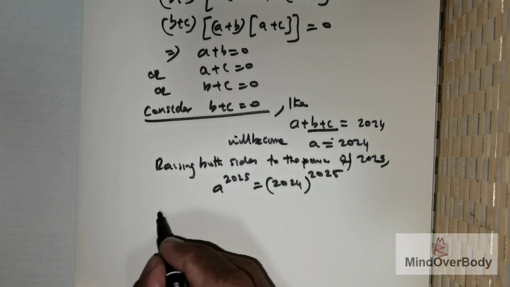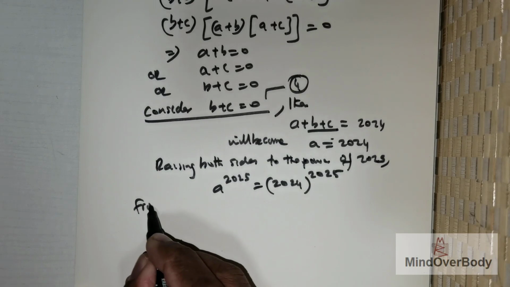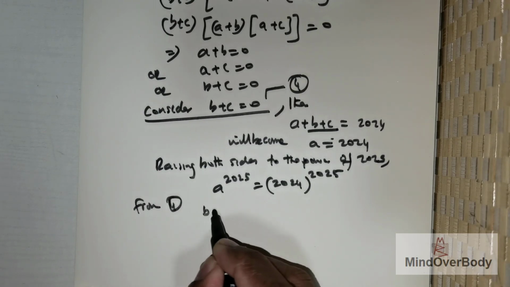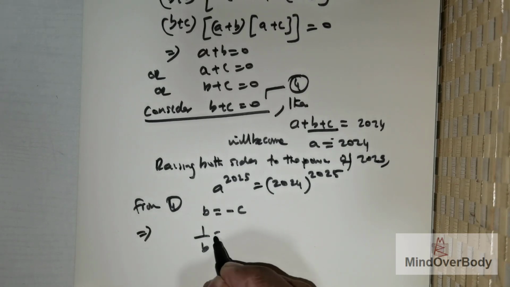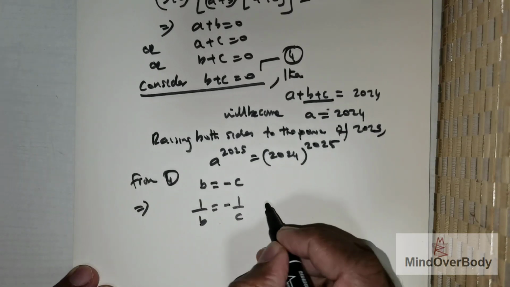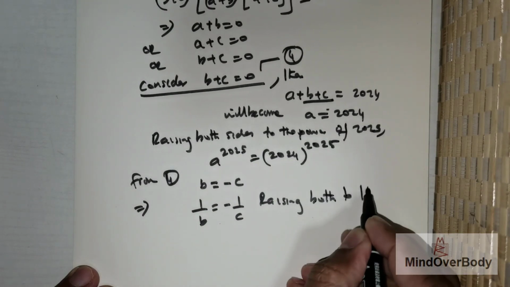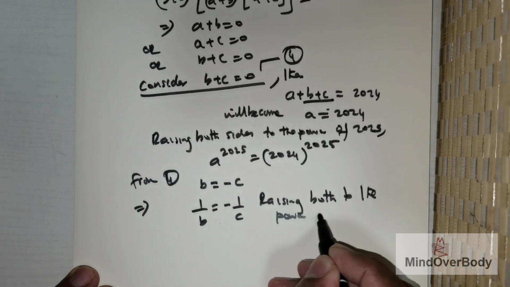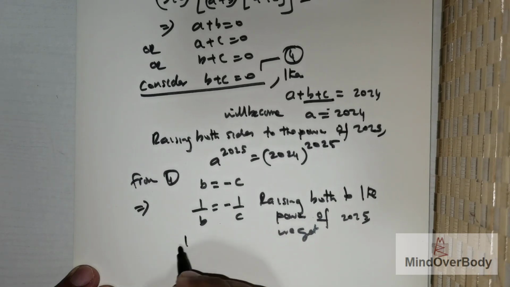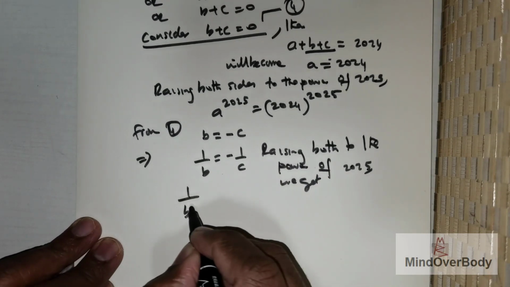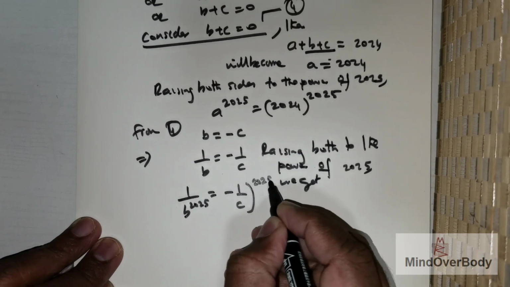Now also, say if I were to take this as 4, from 4, B = -C. So this means 1/B = -1/C. Now raising both to the power of 2025, we get (1/B)^2025 = (-1/C)^2025.